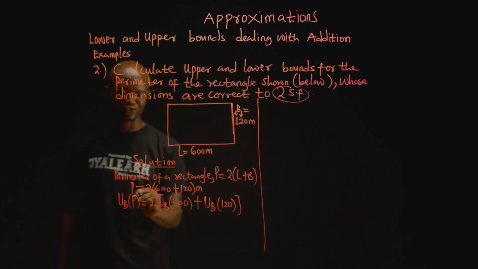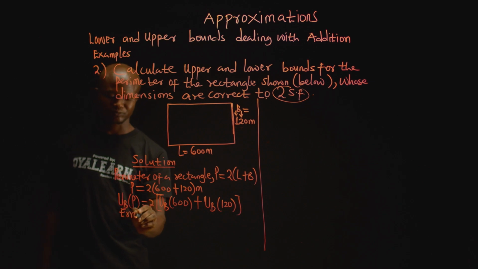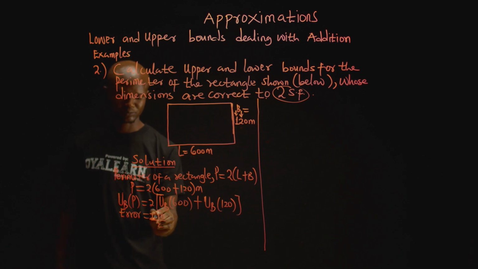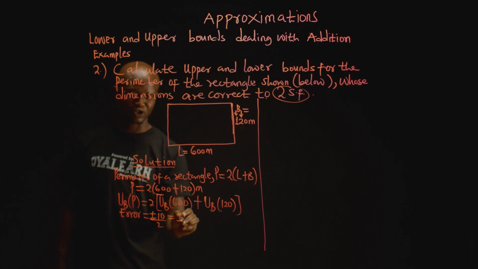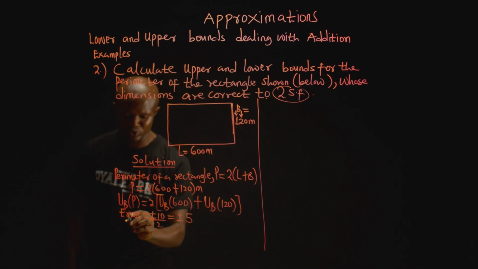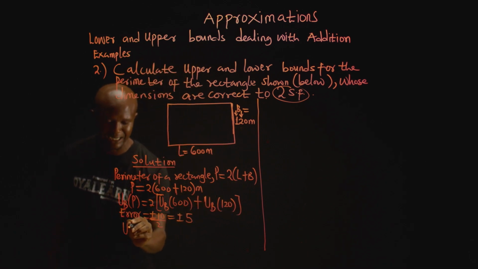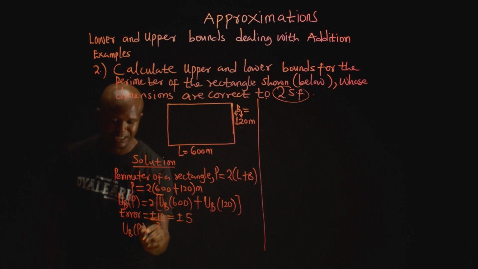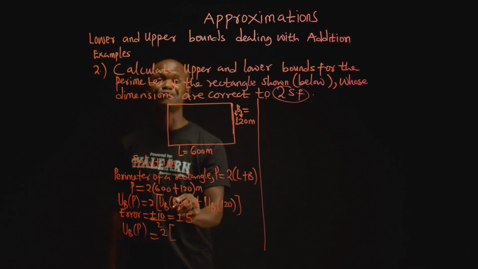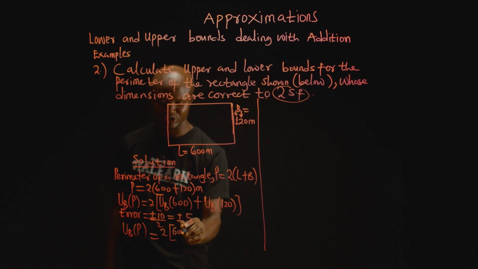So we get our error from here. The error will be plus or minus 10 divided by 2, and that will give us plus or minus 5. That's the error. So now we can get the value of the upper bound of P, the perimeter, which will give us 2 into bracket, then for the upper bound of 600, that's 600 minus 5.